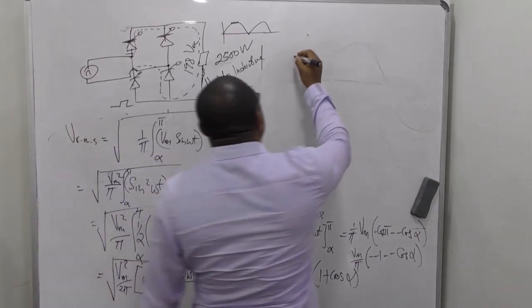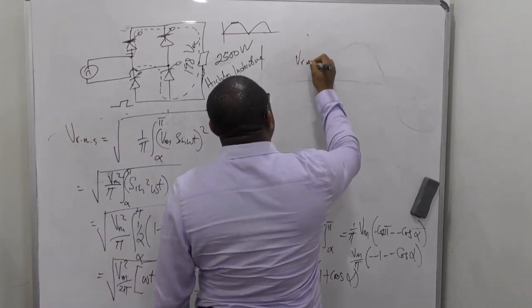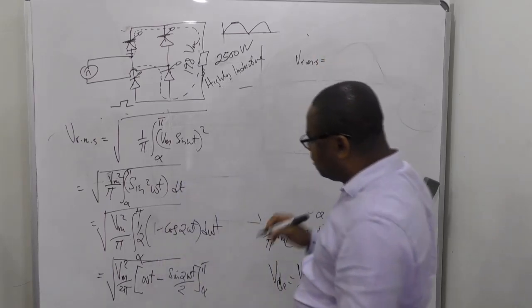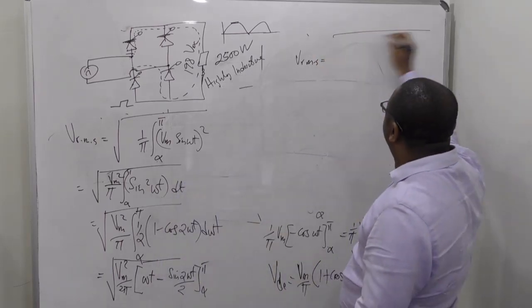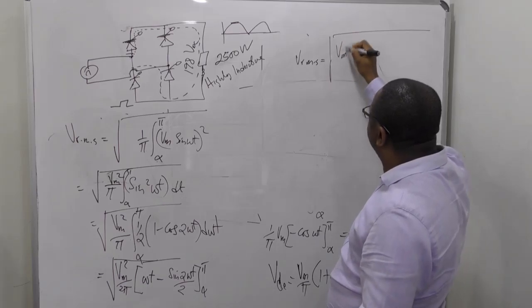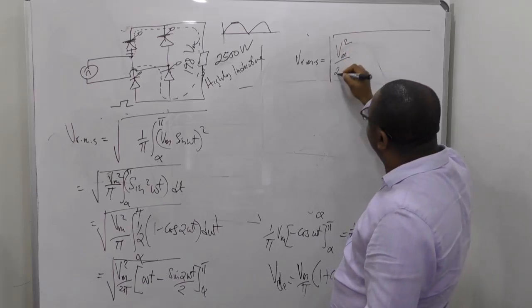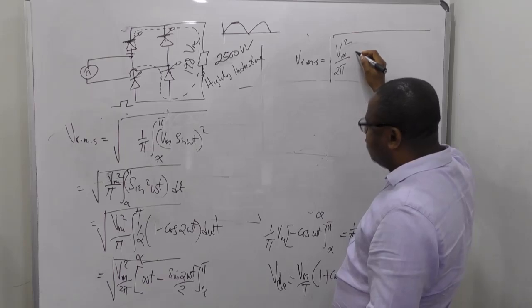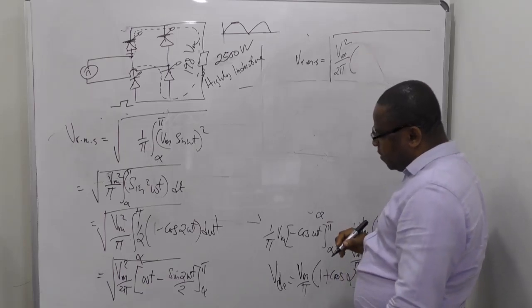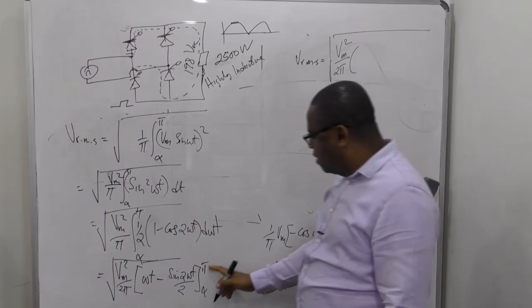So this is Vrms being the same thing as the square root of V peak squared over 2 pi now into, so I'm going to put pi there.